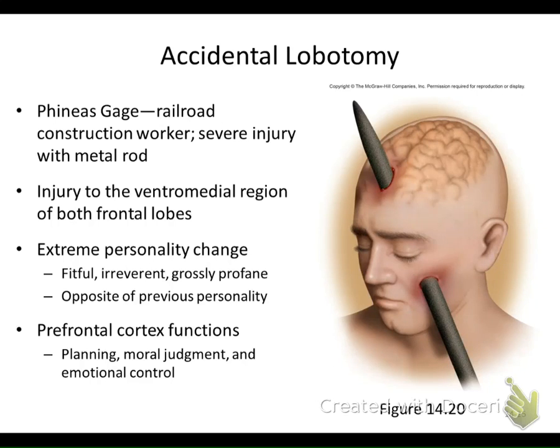And he became very fitful and irreverent and I guess also quite profane. So we realized then from that example that, okay, this part of the brain must have something to do with these higher cognitive functioning ideas, as well as your moral judgment. Should you do it or should you not do it, right? Sort of your inhibition areas.